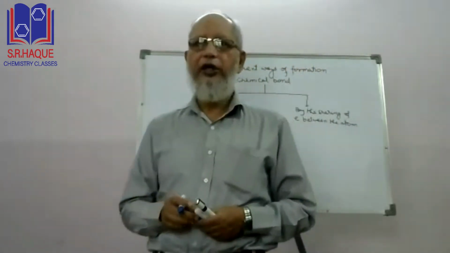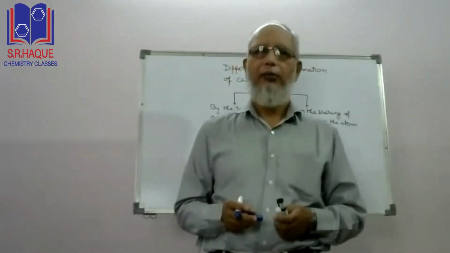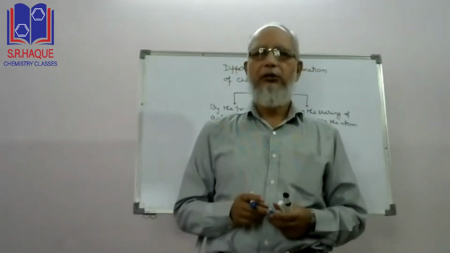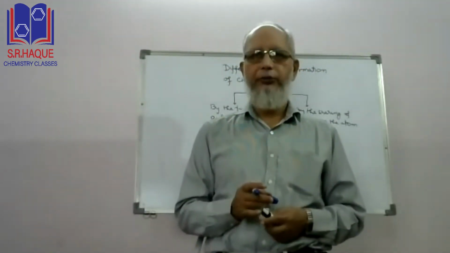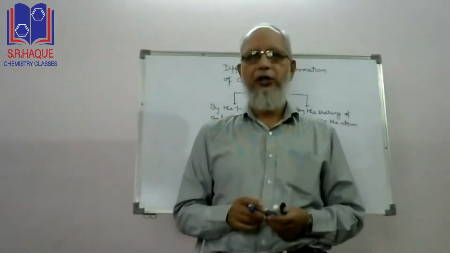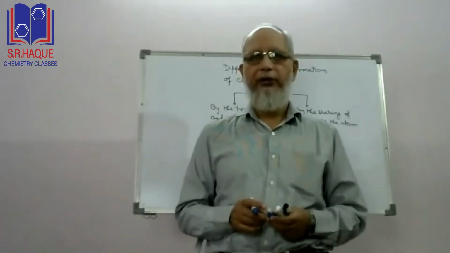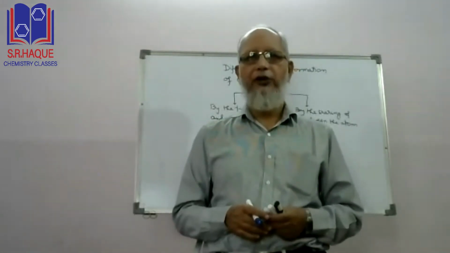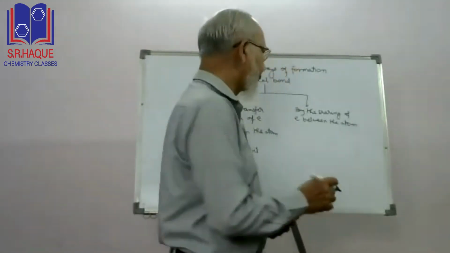And this sharing of electron can be in 2 different ways. Either the shared paired electron is equally contributed by the two atoms, or it is contributed by only one atom. That's why this results in the formation of two different types of bonds.